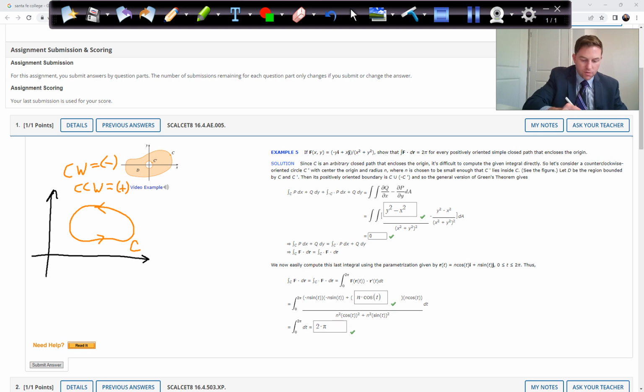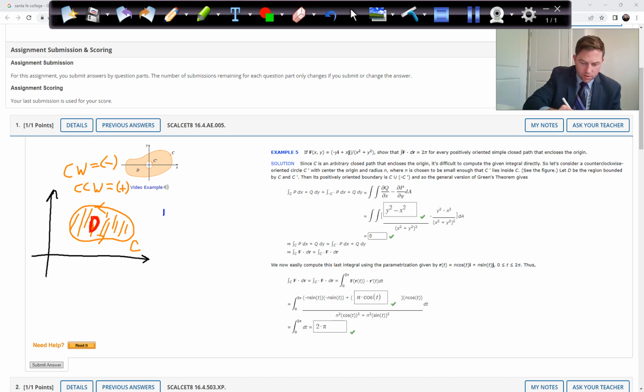Well, we can transform this curve C into the region D, which would be everything enclosed by this closed curve C. Okay, so region D.